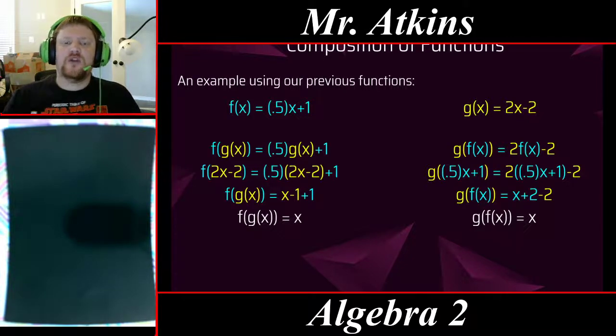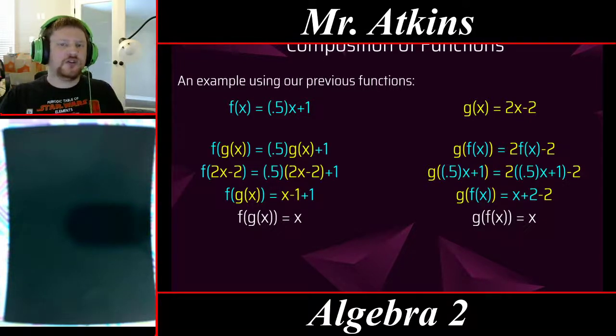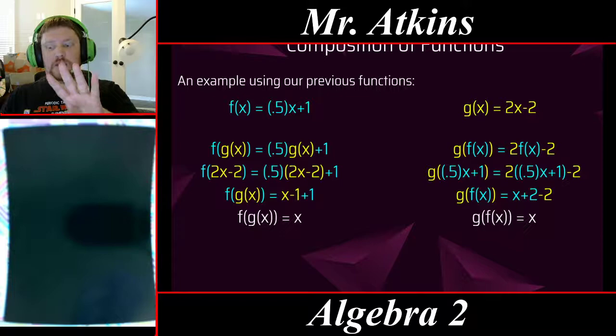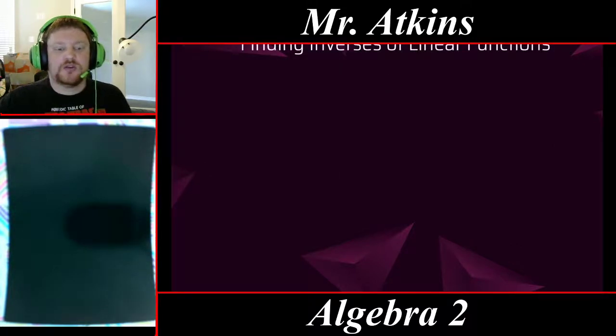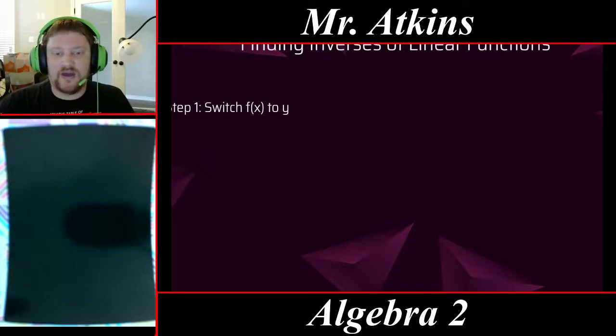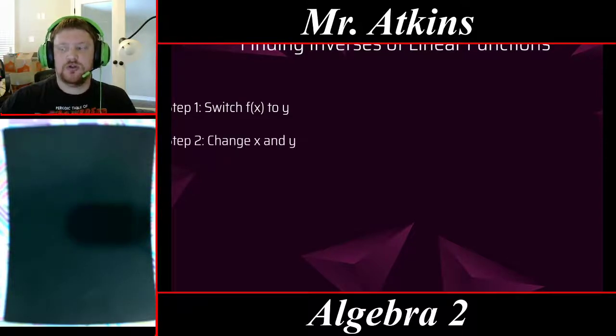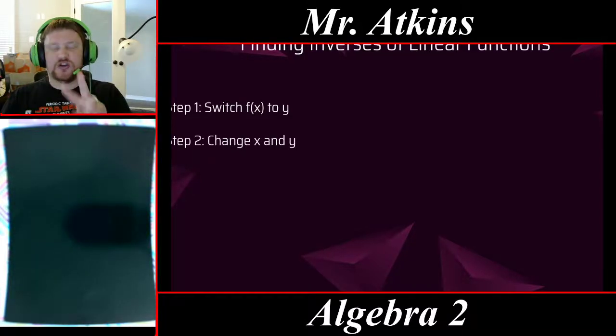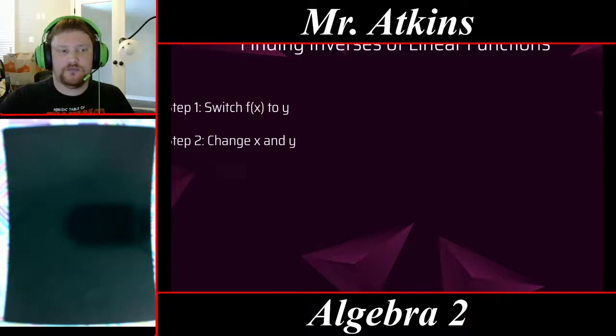But what if we only have one function and we want to be able to find the inverse of it? It's a simple 4-step process. So, step 1, you're going to switch f of x, or whatever you happen to have, to y. Step 2, you're going to change x and y, so you're going to flip places with them.